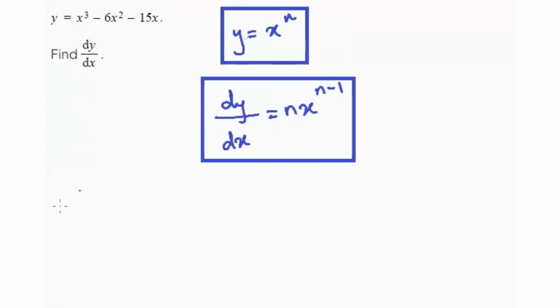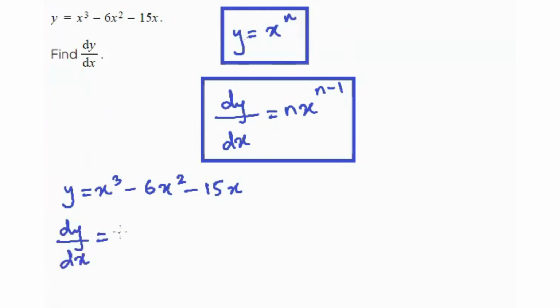So if we look at the equation over here, we have y equals x cubed minus 6x squared minus 15x. To find dy by dx, for x cubed, I will bring 3 down and subtract 1 from the power. And for 6x squared, I will bring 2 down and subtract 1 from the power.